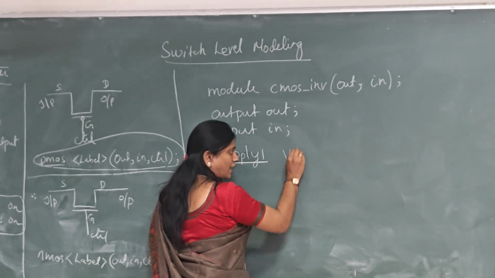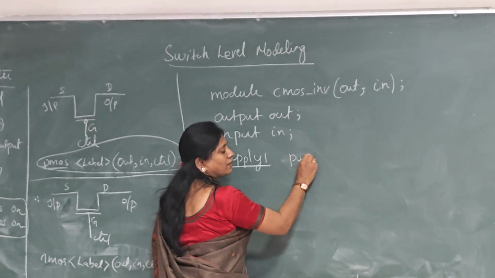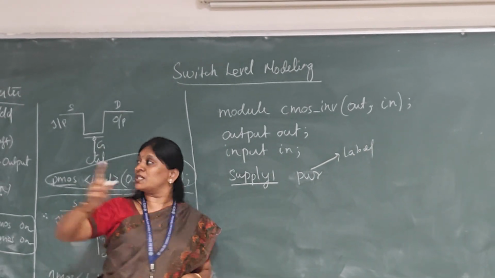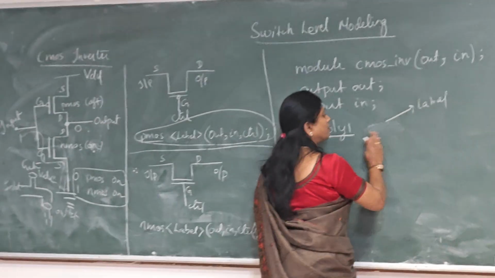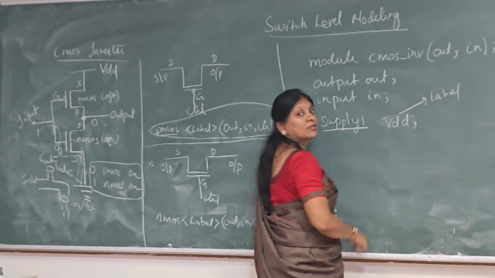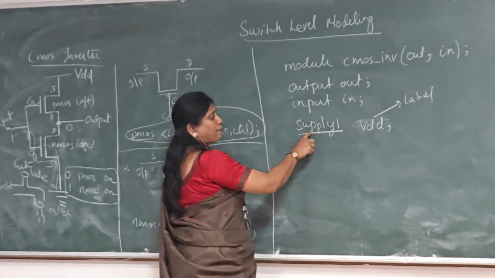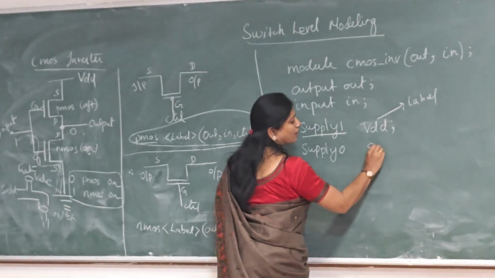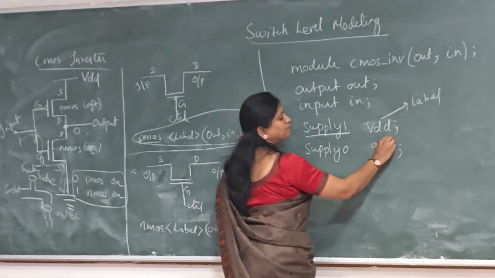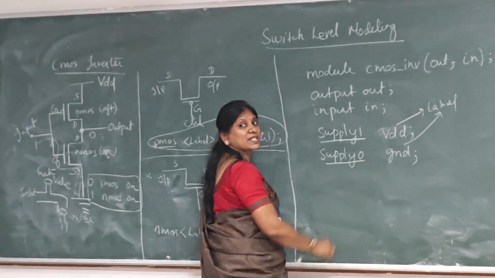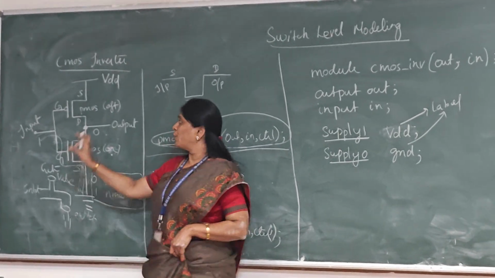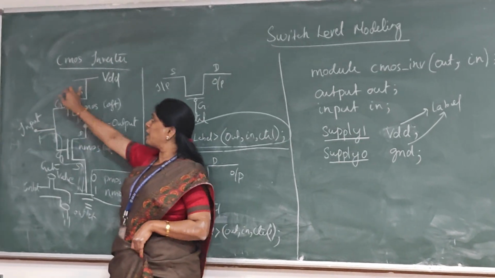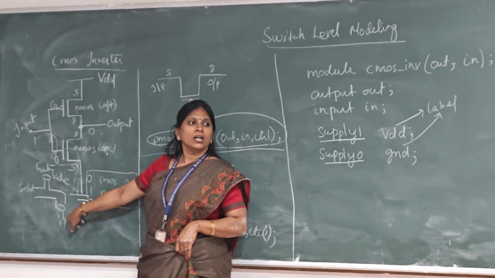You can give either VDD or power as the label, so since we have marked VDD, you give VDD. That is user defined, but supply 1 is predefined. Supply 0 for ground, and again ground is the label. So: module name, define your ports, output, input, then supply 1 VDD, supply 0 ground.